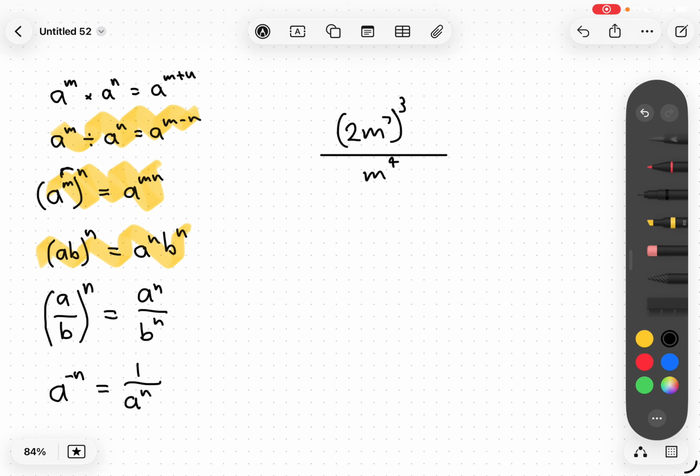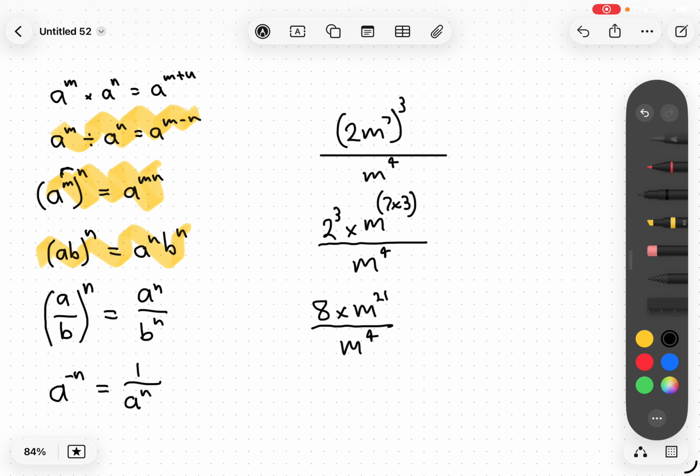So this will be 2 to the 3 times m to the 7 times 3 all over m to the 4. So 2 to the 3 is 8, so 8 times m to the 21 over m to the 4. Now, we can use our division one.